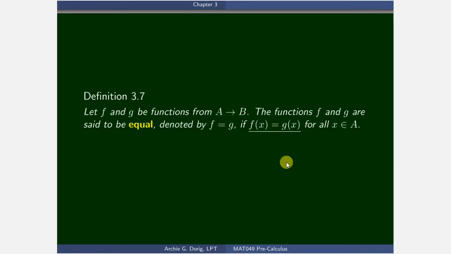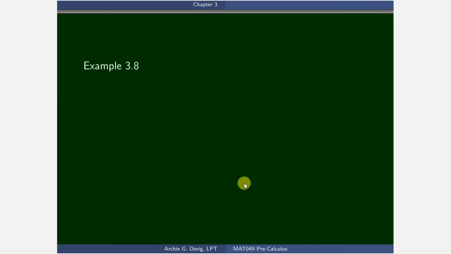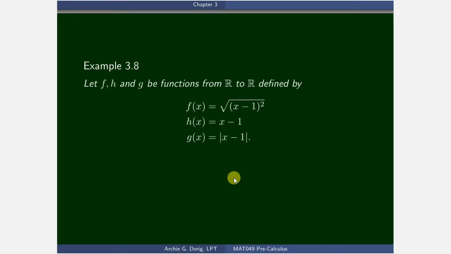Another definition: let f and g be functions from A to B. The functions f and g are said to be equal, denoted by f equals g, if f of x equals g of x for all x in A. Let us illustrate this further with an example.